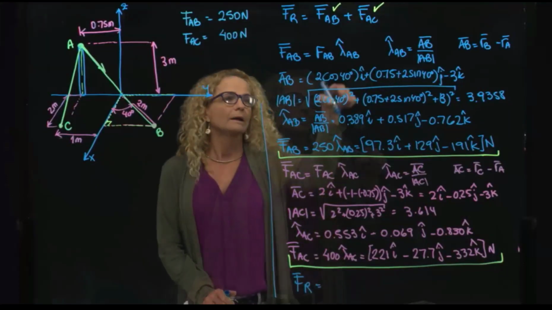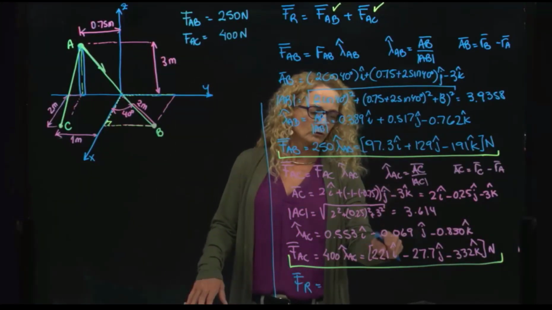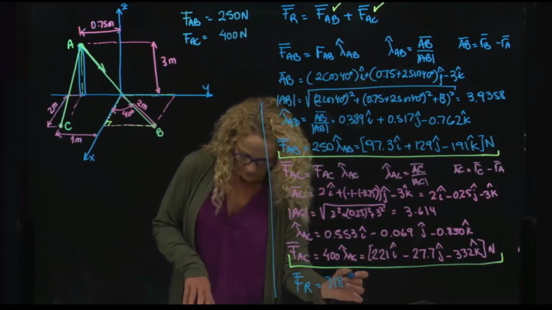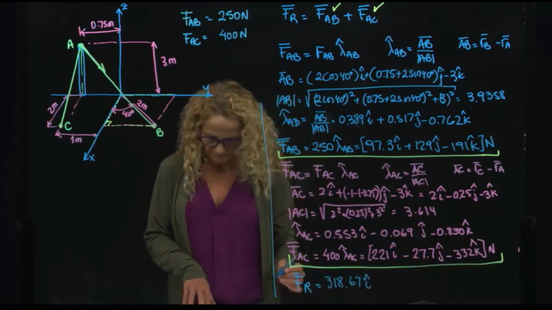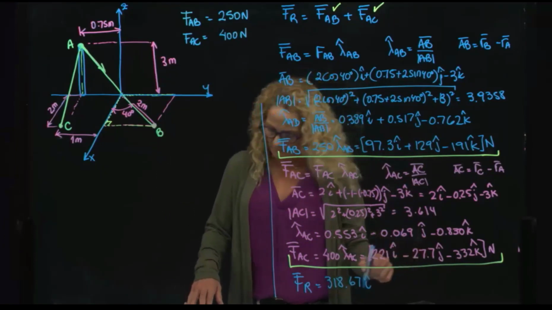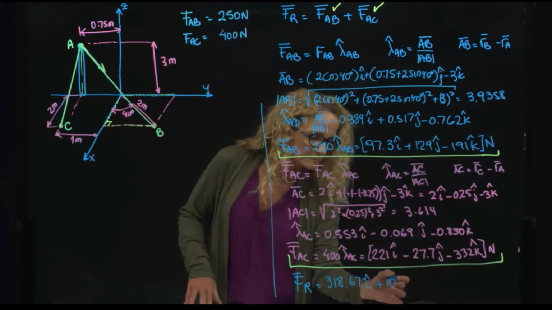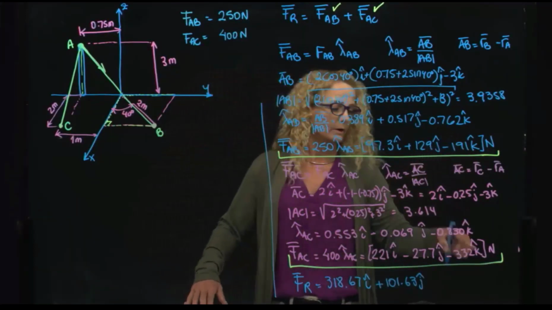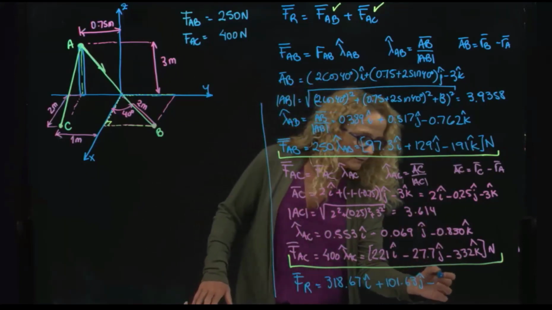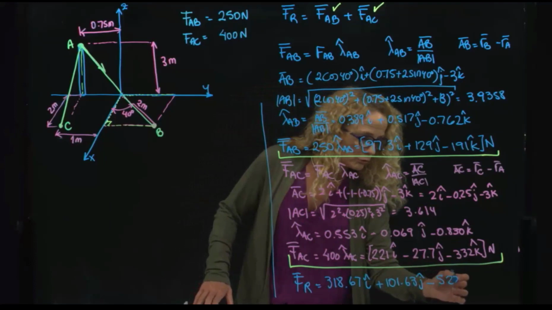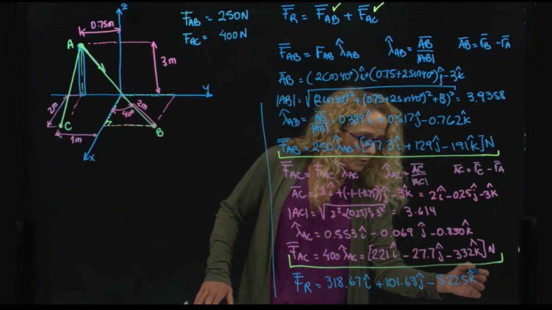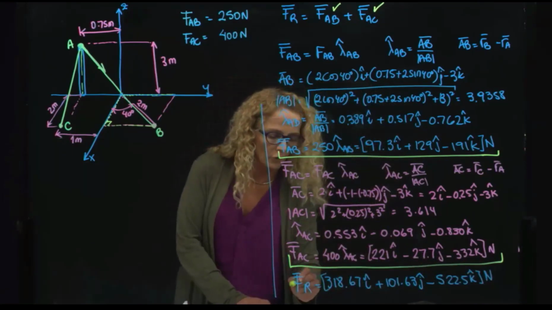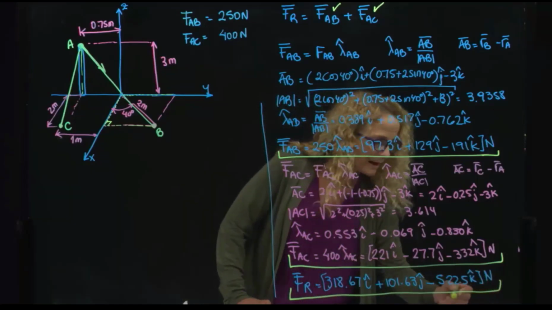As a vector, it will be 97.3 plus 221, and that gives me 318.67 in I. I will add this value plus this value, and that gives me 101.63 in J, and then I will add this value and this value, both negative, so it gives me a negative value of 522.5 in K. All that in newtons.